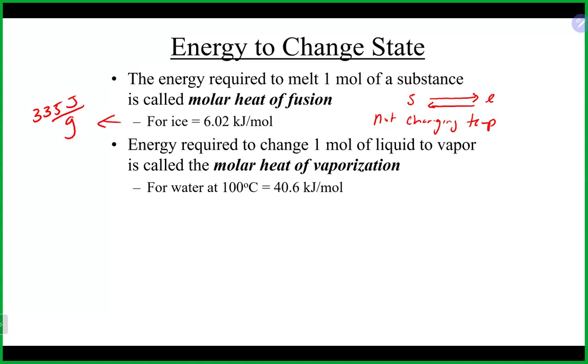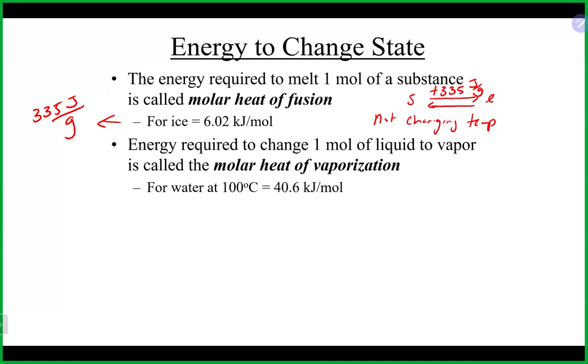When we go from solid to liquid, that is an endothermic process. Energy has to be put into the ice cube to melt it. That is a positive number. When we talk about energy and positive numbers, that's endothermic. So it would be positive 335 joules per gram, or positive 6.02 kilojoules per mole.